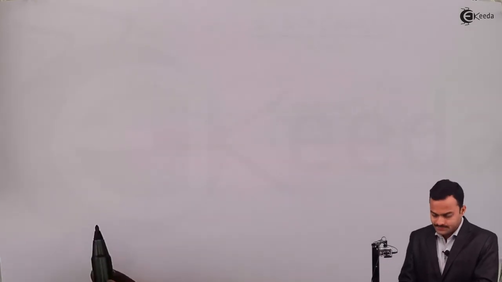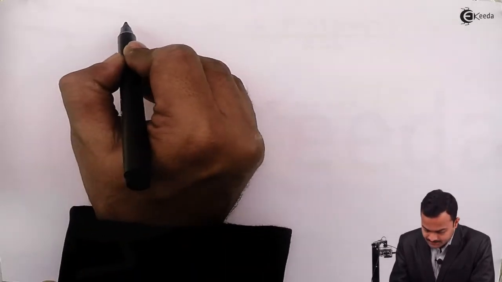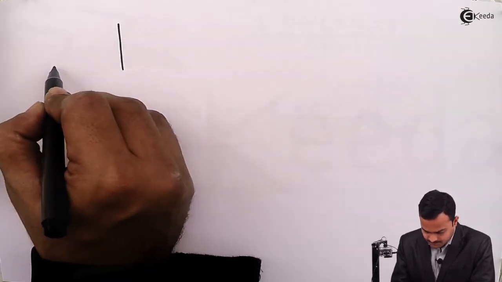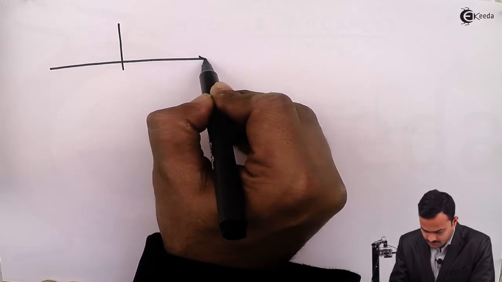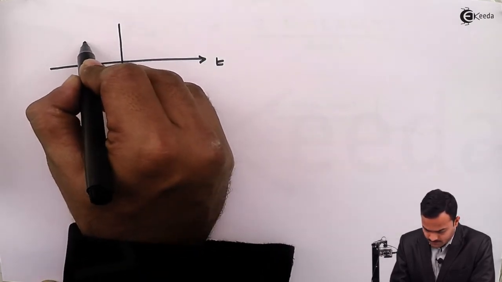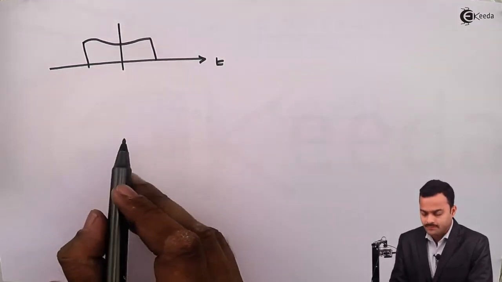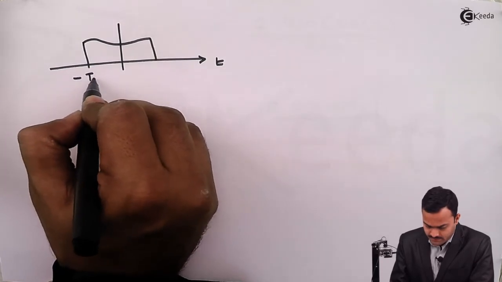For this purpose, let us consider a signal x of t like this. A random shape I am considering. This is minus T1.